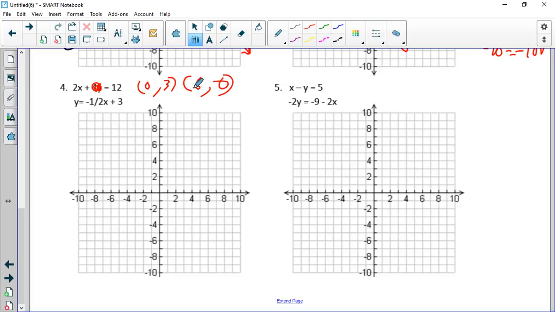So that gives me 0, 3, which means right here, and 6, 0, which is right here. Again, I'm going to get my slope, which is down 3, right 6, down 3, right 6, which again is a negative 1/2 slope. So that gives me an idea of where my points are, so I can graph this a little bit more accurately.